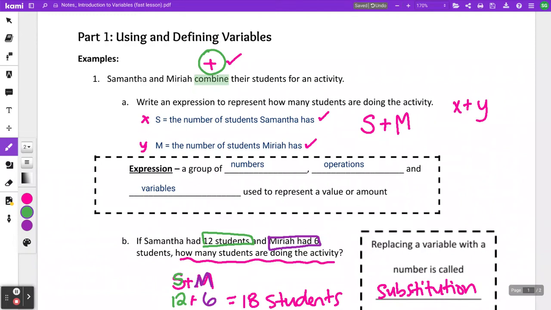So in that story about Israel, I need to think about, is it describing addition, subtraction, multiplication, or division? The other thing I need to think about is what would my variable be? Remember, your variable or variables, because there might be more than one, are going to represent the amounts that we don't know, but we would need to know to answer the question.